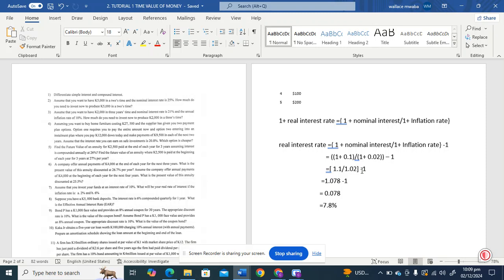Okay, which is, if we use the normal formula, I mean the simpler formula, real interest rate, nominal minus inflation, so 10 minus 2, you get 8%. So you can see you're going to get values that are very close, but this formula gives you more accurate values.